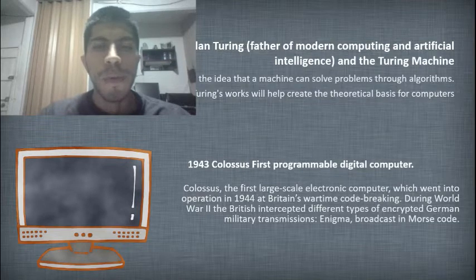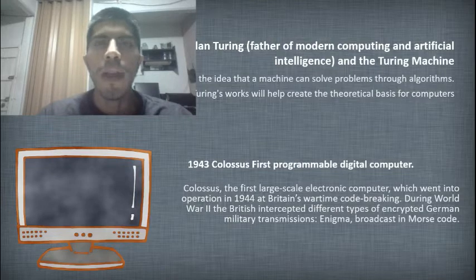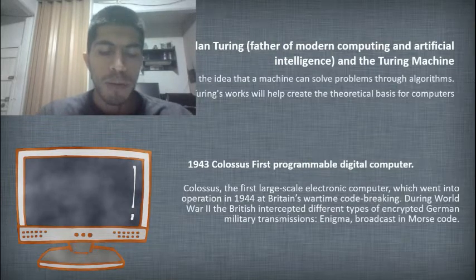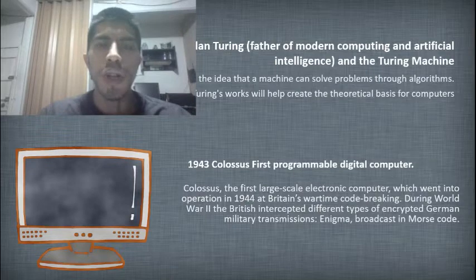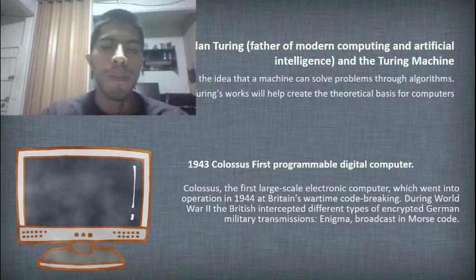The thing with this computer is that it was an electromechanical one, unlike the next ones, which will be just electronic. And about electronic computers, these machines used electronic switches instead of electromechanical relays.